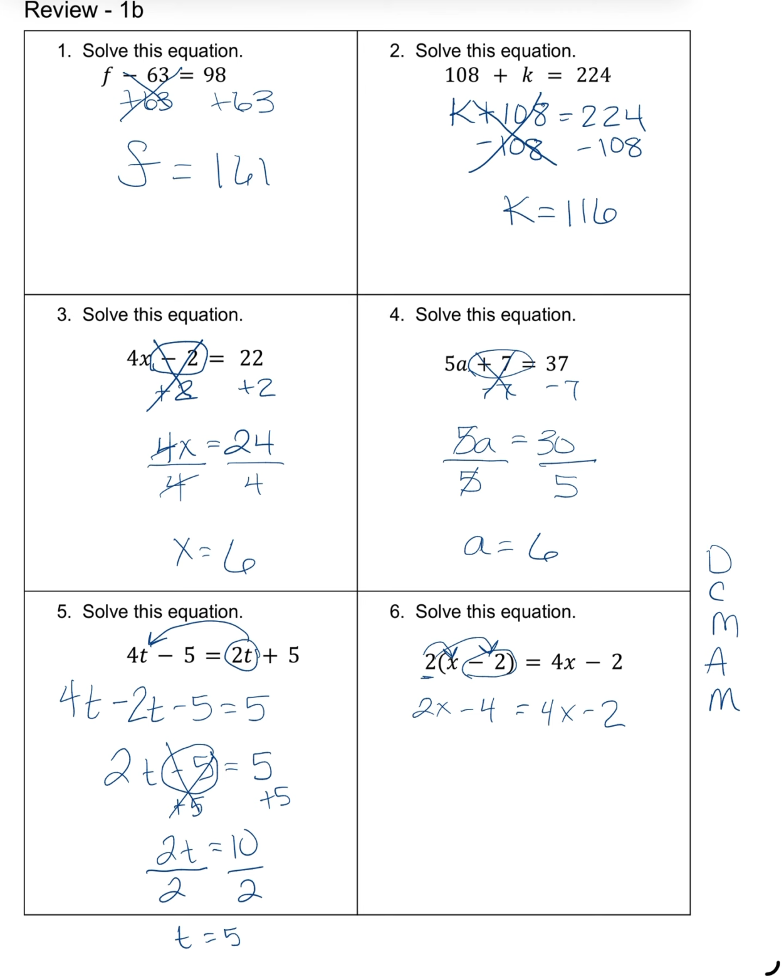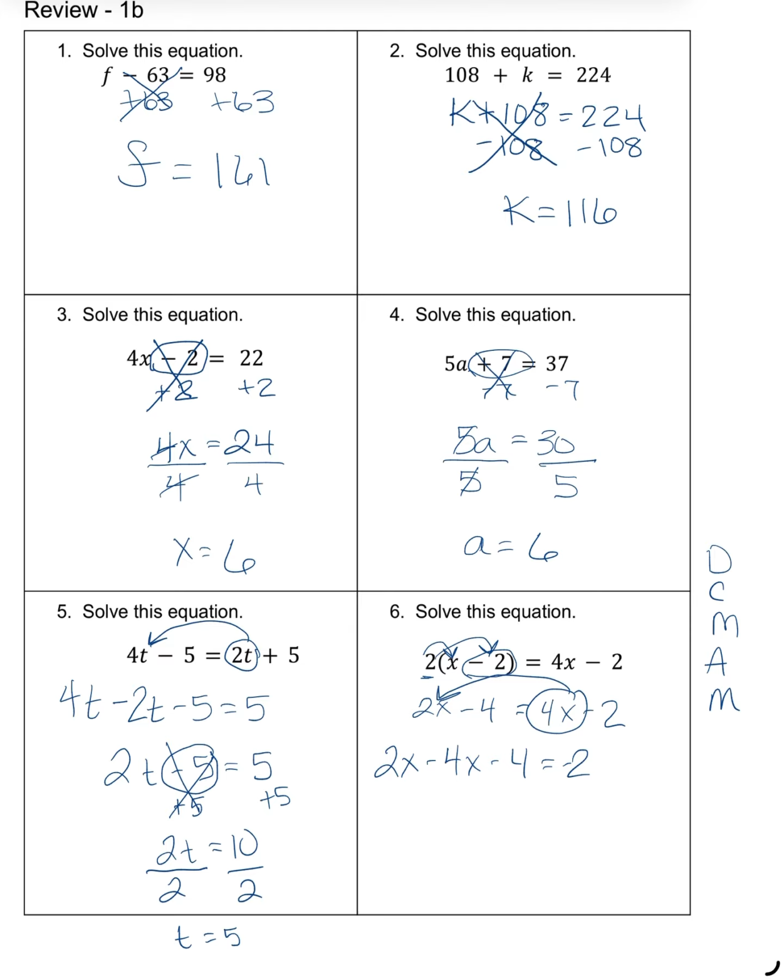So we're going to take this 4x, we're going to move it over here. And remember, when we move across the equal sign, we change sign. So this positive 4x is now going to become a negative 4x. And that negative 2 now just sits there as a negative 2.